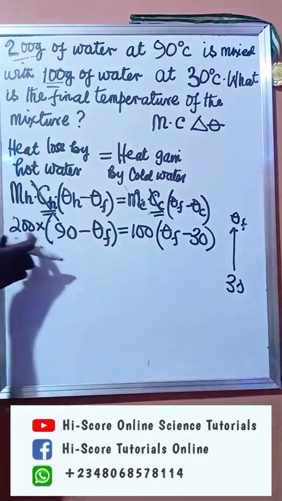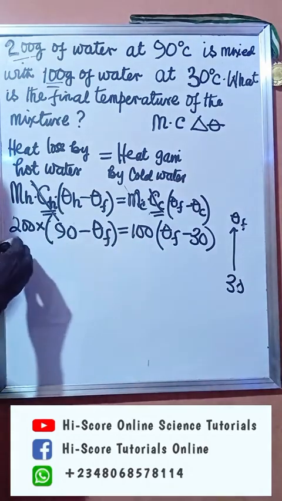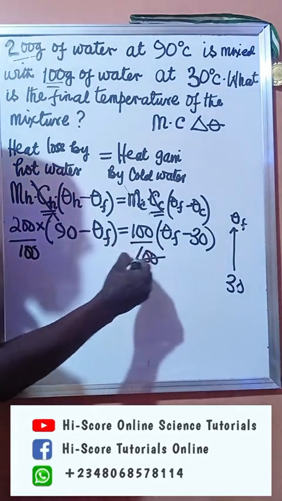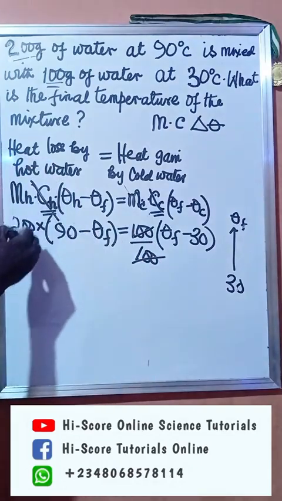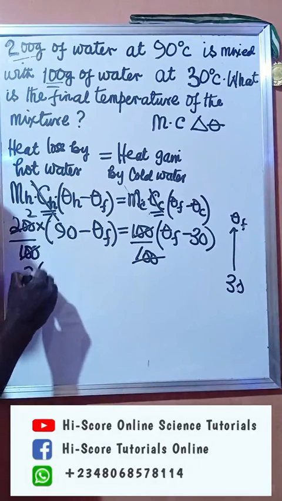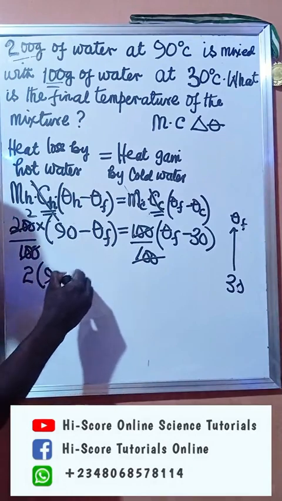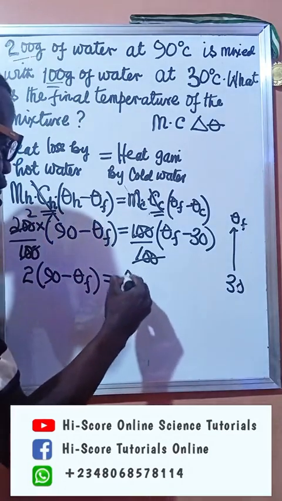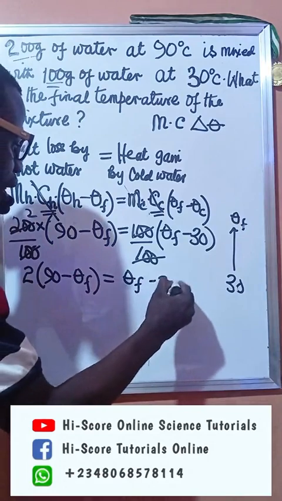We have 100 here, 200, so we can divide through by 100. 100 cancels 100, 100 cancels 200 to have 2. So we're having that 2 times 90 minus theta final is equal to theta final minus 30.